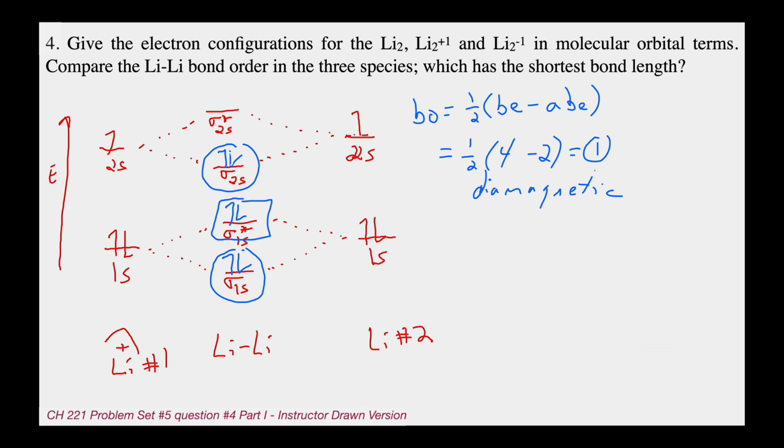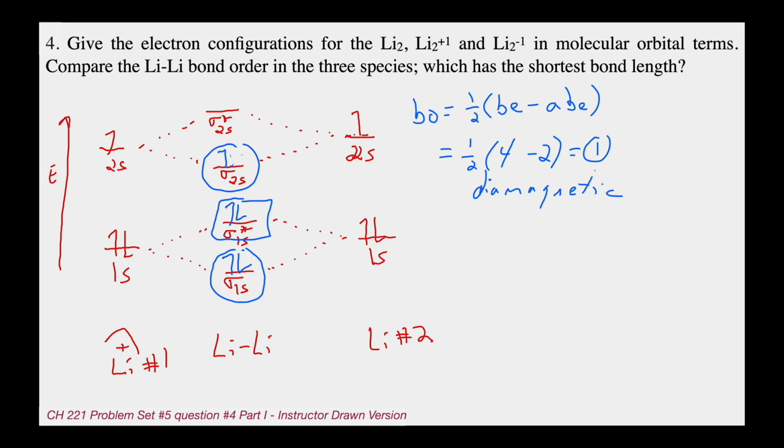I'm going to try and white out, basically. Yeah, that electron right there. And the really cool thing here is that without that extra electron, that becomes Li2 plus 1. So check this out. I just made the molecular orbital diagram for Li2 plus 1. I literally just took away an electron from neutral Li2 to get the molecular orbital diagram for Li2 plus.